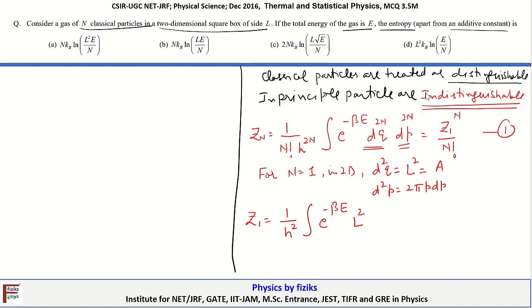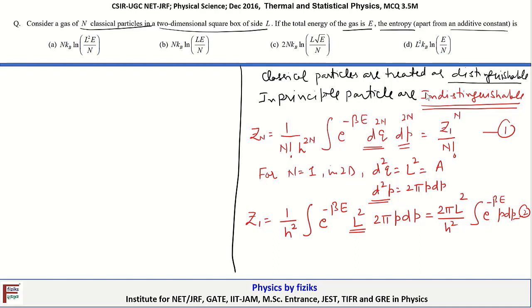So I am writing L square for the space integral, and then the integral over the momentum, that is d2p, so that will give us 2 pi p dp. Or that can be written as 2 pi L square divided by h square, keeping the constant terms outside, and then inside the integral we will have exponential minus beta E, p dp. So let's call this equation 2.